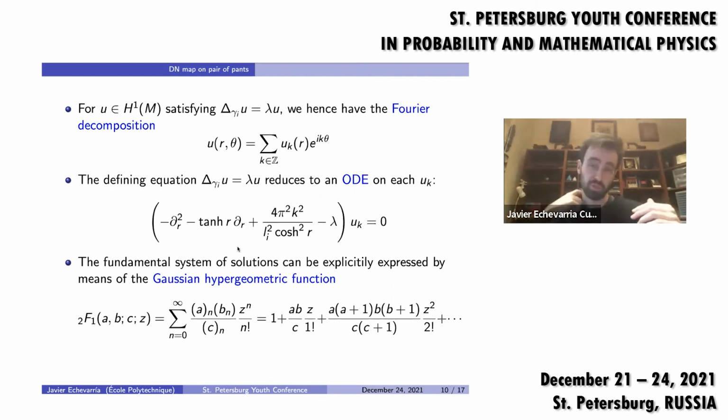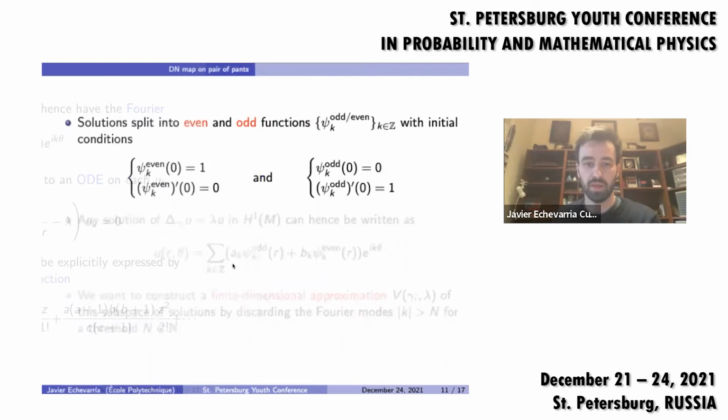So we've done something great here. We've taken a problem which was fairly complicated. The surface could be crazy. The Laplacian, how do you express that? And we've narrowed it down to just a cylinder with solutions that we know explicitly what they look like. We know even more. These solutions actually split into even and odd functions.